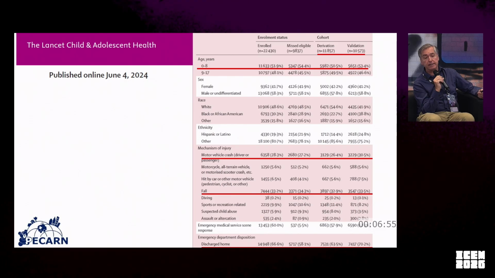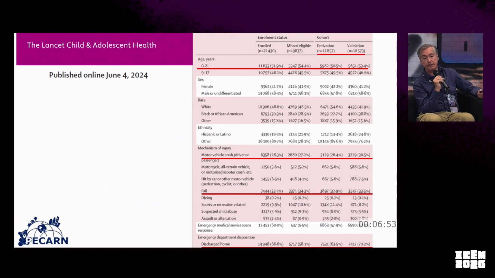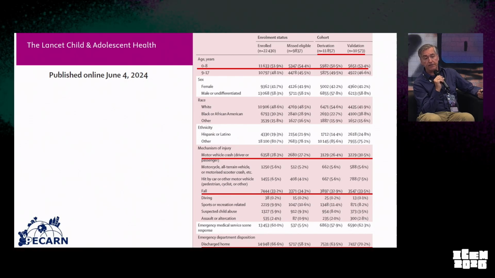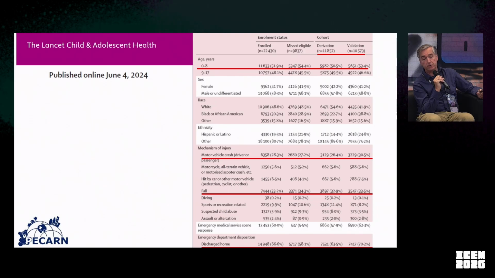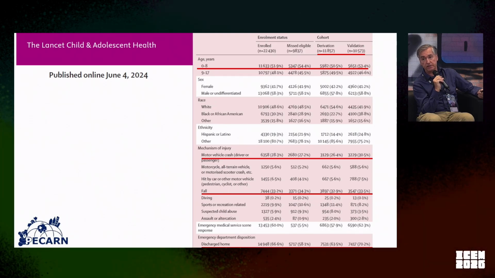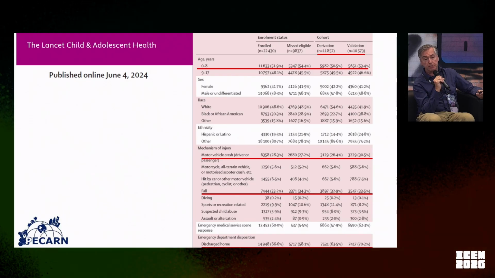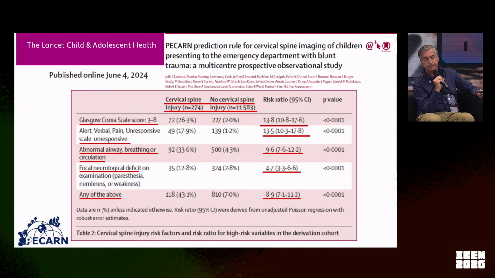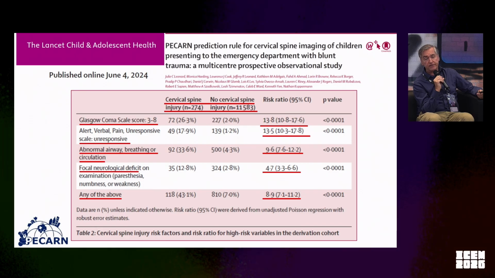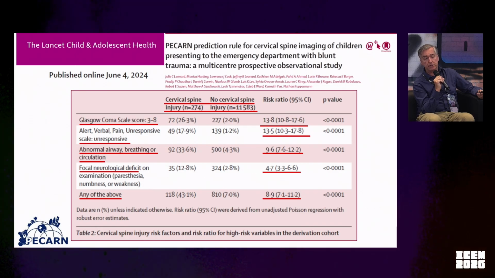And different from the NEXUS and the Canadian C-spine rule, if you look at the top line, you can see that 50% of patients were between 0 and 8 years of age. That's the critical difference. Most injuries were after motor vehicle crashes and falls. And what they identified is there are certain high-risk markers.